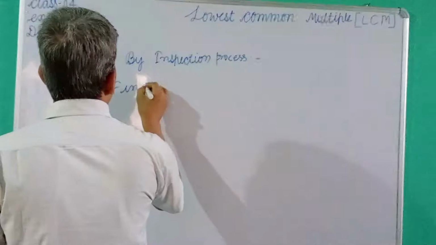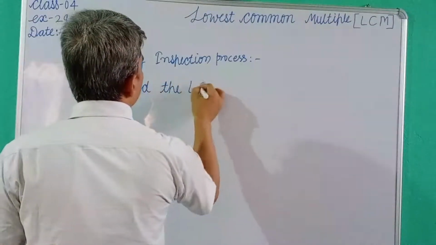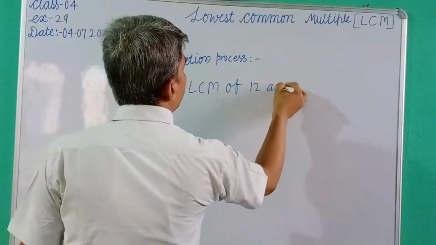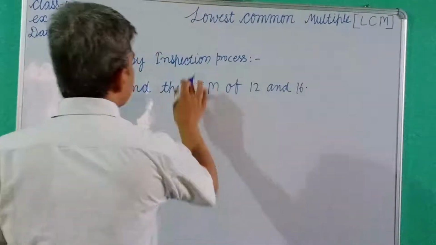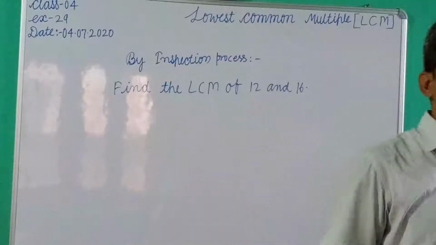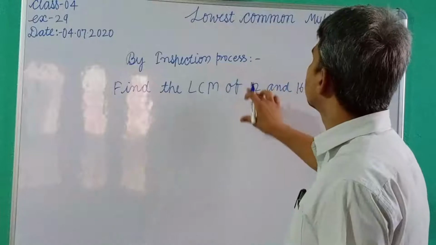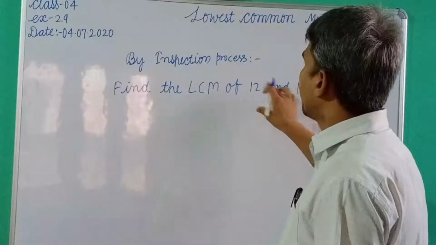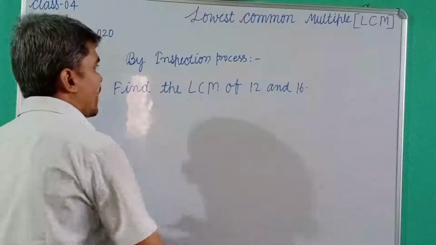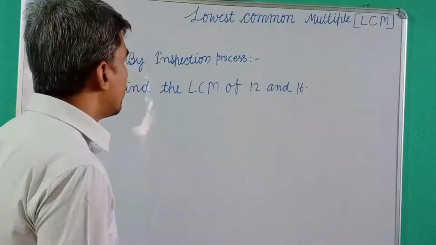Find the LCM of 12 and 16 by the instruction process. You remember the tables of 1 to 20, because today I use the tables in the instruction process. Use the tables. That means at first you write down the multiples.